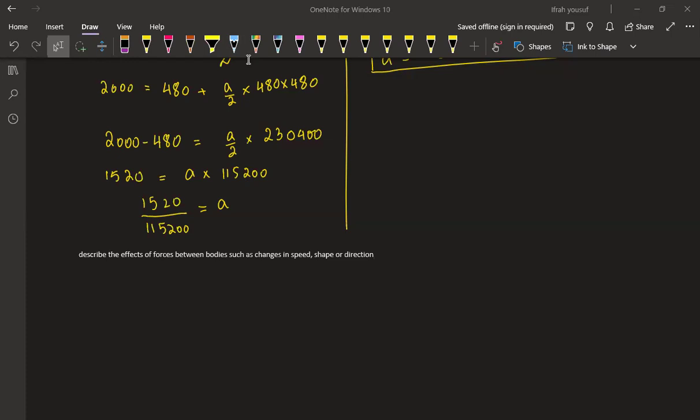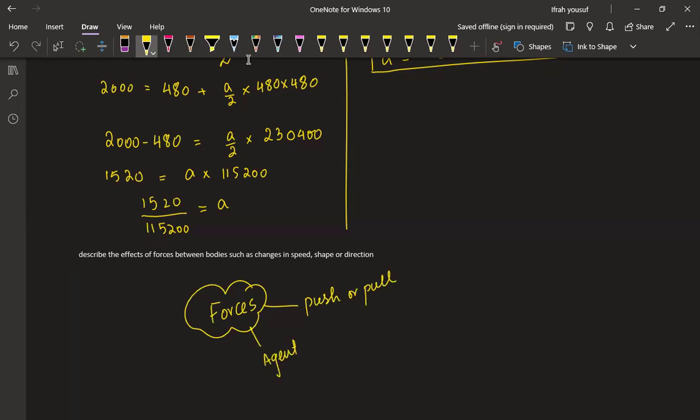All right. So forces, I think I have already touched on forces, right? Forces can be push or pull, and it's the agent that changes the state of a body, right?